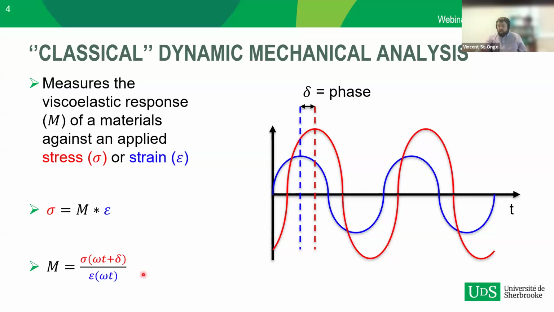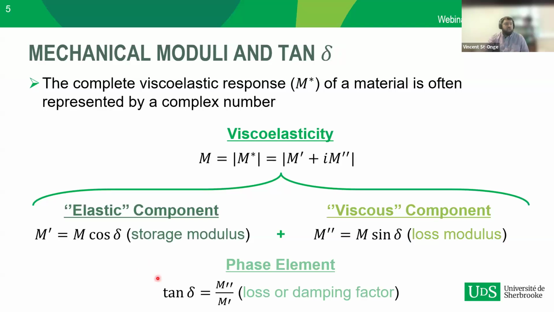Now, very often, it's actually easier to represent this viscoelastic response as a complex number, where we can separate the elastic component, which we label the storage modulus, from the viscous component of the viscoelasticity, which we then label the loss modulus.